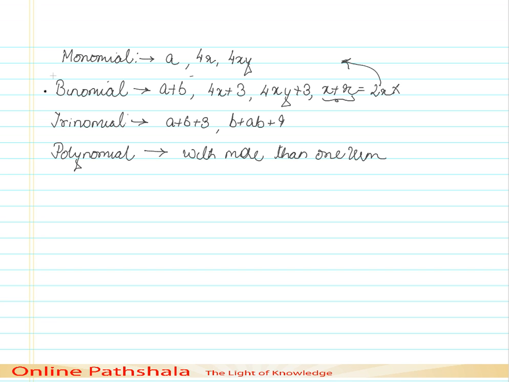So here binomial and trinomial are all polynomials. I'll give you an example for a polynomial, which can be a plus b plus 3 and so on.